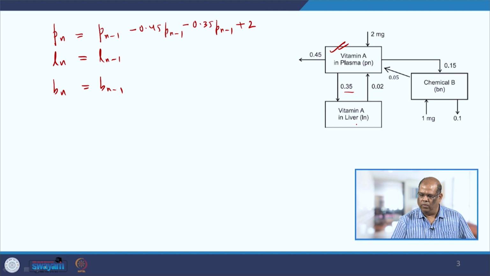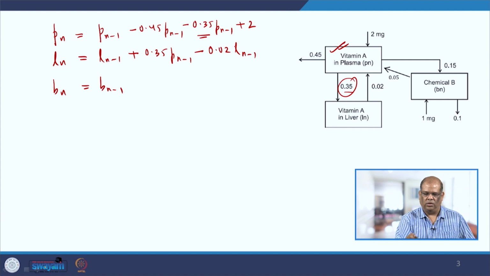Now let's look into the liver. This 0.35 is added to the liver, so plus 0.35 Pn minus 1. And 0.02 is going to the plasma, so minus 0.02 Ln minus 1, and this goes to the vitamin A in the plasma, so plus 0.02 Ln minus 1.